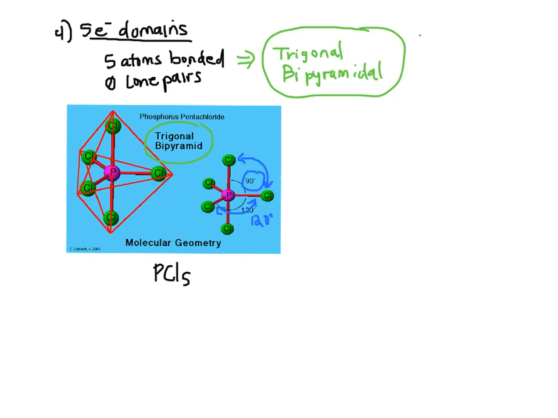So it should be noted that a trigonal bipyramidal violates the octet rule, because it puts 10 valence electrons on your central atom. That is something that you will see from time to time. So just know that if you have extra electrons when you're drawing a Lewis dot structure, you would just throw them on your central atom, and it's probably going to be something that violates the octet rule.